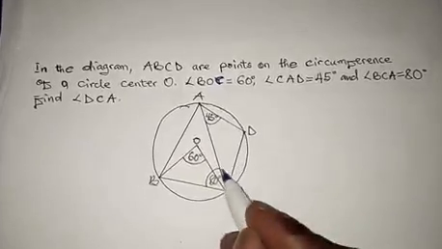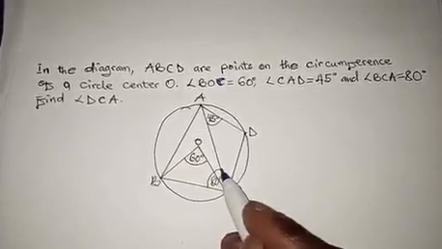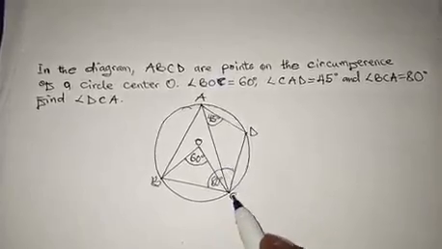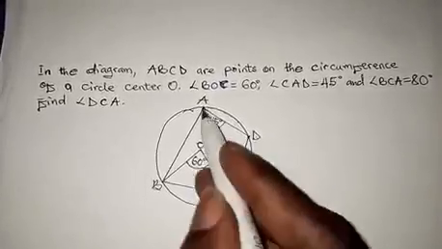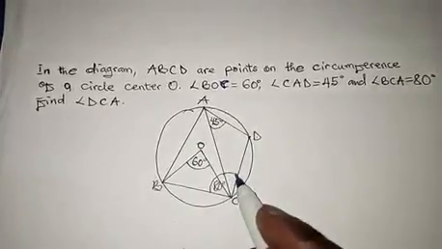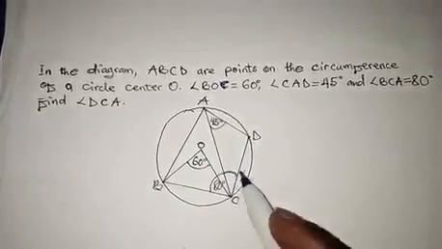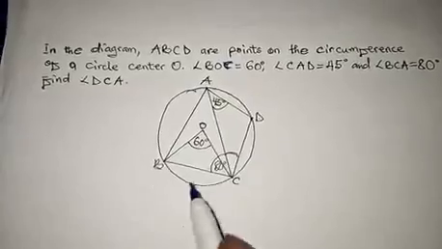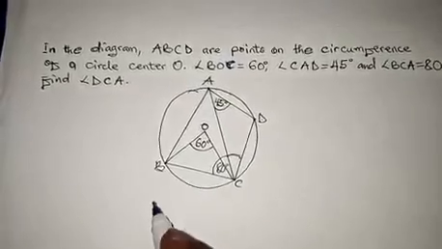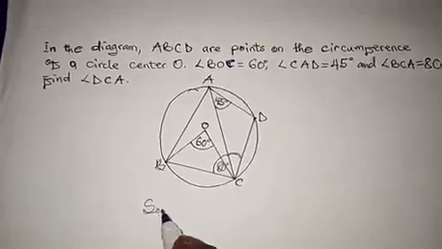So looking at this diagram, we are to find angle DCA. So this particular angle, that's what we are looking for. Okay, good. So we have our solution.